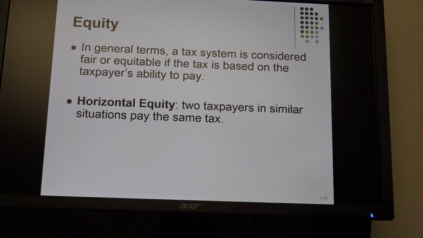One taxpayer rents and the other owns a home. Are they going to pay the same amount of tax? No. The one who rents is going to pay more in taxes because the person who owns the home is going to get certain deductions from their taxes in the amount of mortgage interest they pay, property taxes, and things like that.